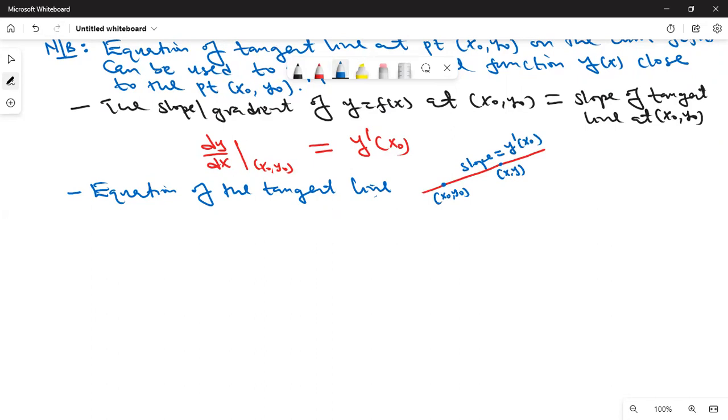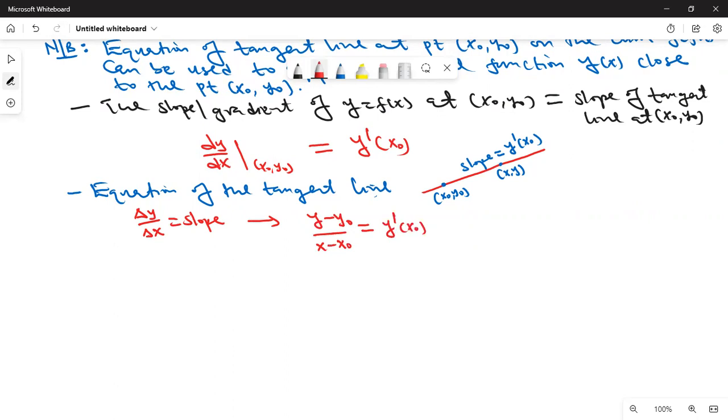When you have those three things, you can find the equation that change in y over change in x is equals to the slope. This simply means that y minus y naught over x minus x naught is equals to y prime at x naught.